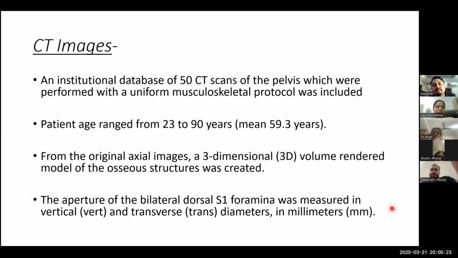So coming to the CT images, they have used an institutional database which included 50 CT scans of the pelvis of patients aged from 23 to 90 years. And from the original axial images, they have done a 3D reconstruction or rendering, and from that, the dimensions of the S1 foramina were measured in vertical and transverse axis.